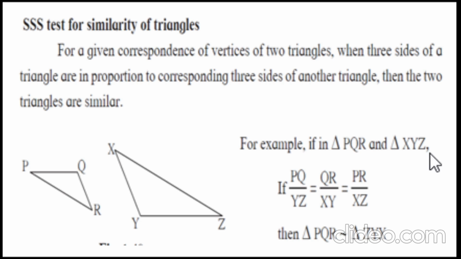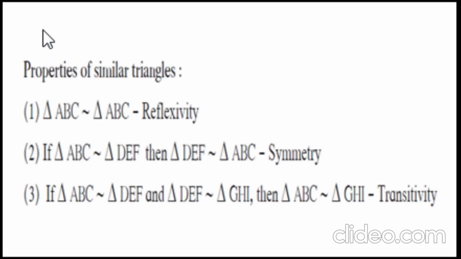PQ upon YZ, QR upon XY, and PR upon XZ. The ratio is the same. Therefore, triangle PQR is similar to triangle ZYX by the SSS test.